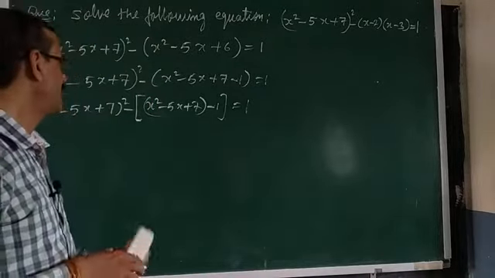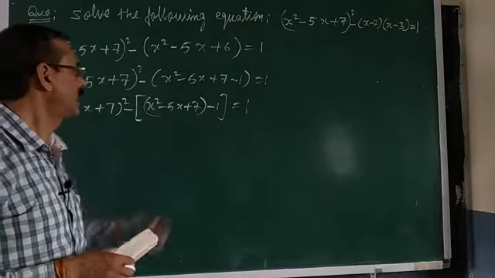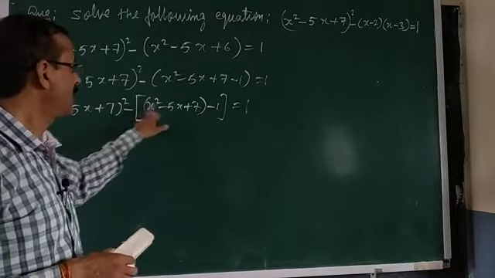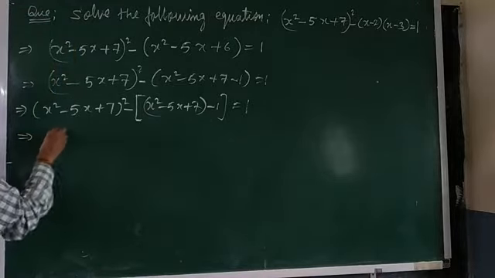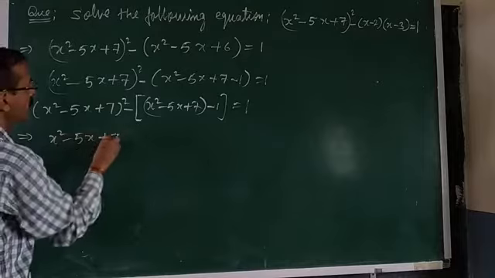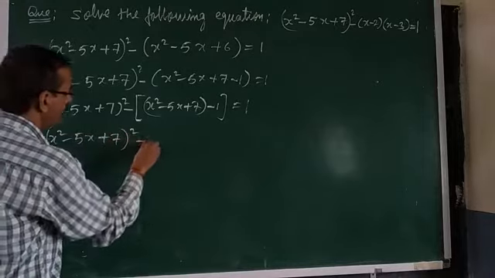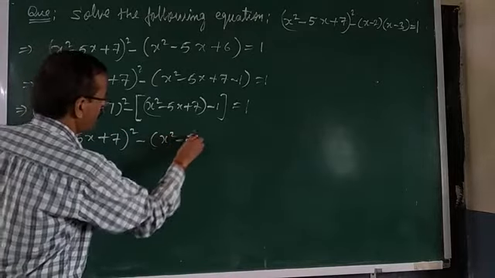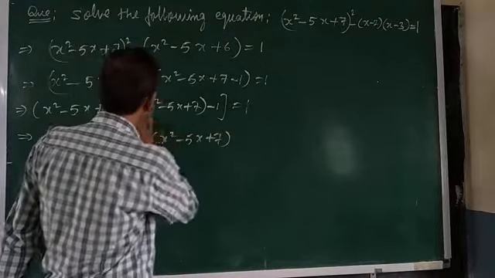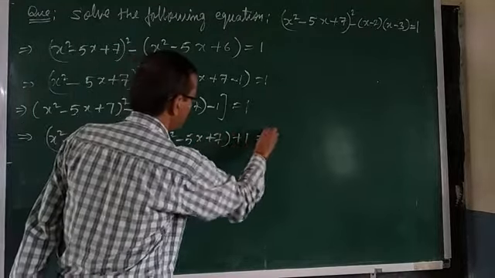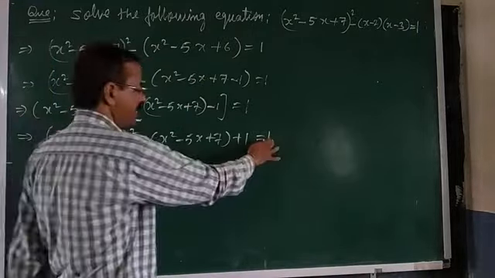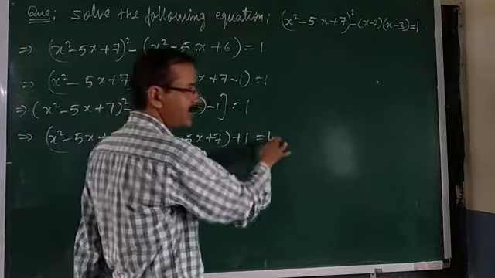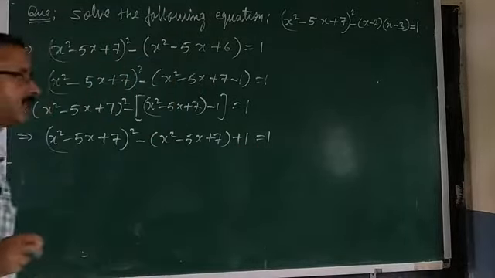No objection my dear. Why objection? Because the same things are there. Now if you open the bracket, this will be minus, this will be plus. So we can write (x square minus 5x plus 7) whole square minus (x square minus 5x plus 7) and this minus minus what will be? Plus, is equal to 1. Right? Okay. This 1 will be cancelled. This 1 will go to that side and it will become 0.